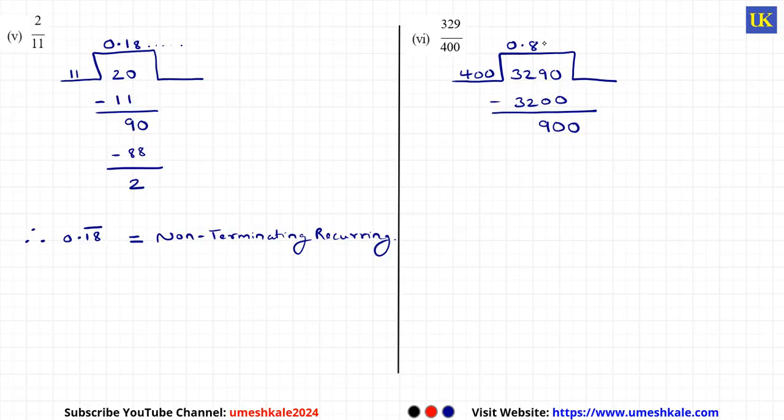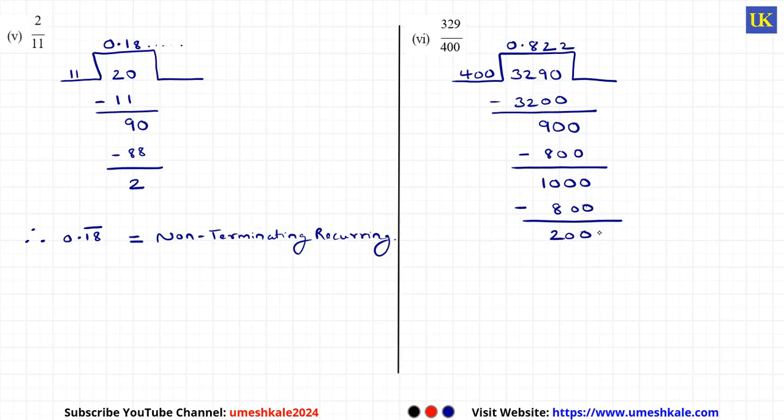So 400 twos are 800. So how much will remain? 100 will remain, right? So this number is falling short. So one zero we are allowed to take. So 400 again, twos we can do 800. So 200 will remain here.